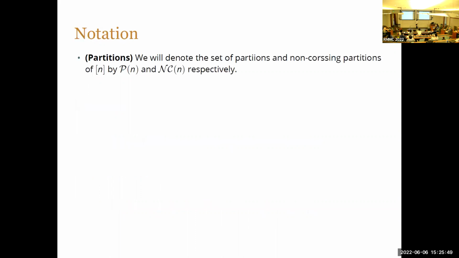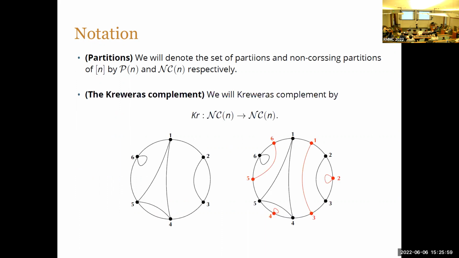So, well, in Andu's talk, there were already the set of partitions and set of non-crossing partitions, which are over there. I believe that the Kreweras complement didn't appear. So this is some involution in the set of non-crossing partitions, and this is some definition by example. So you have some partition, you write some numbers that interlace the original ones, and then you connect them using blocks as big as possible without intersecting the previous one.